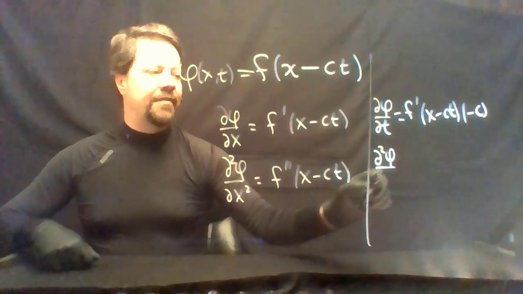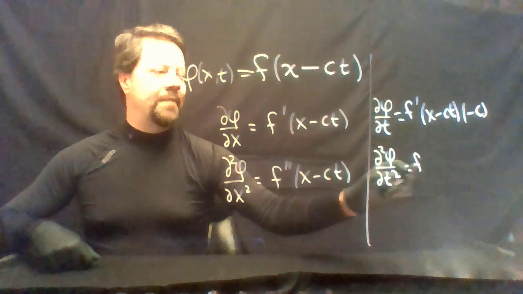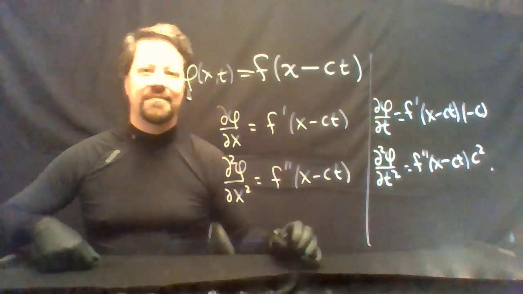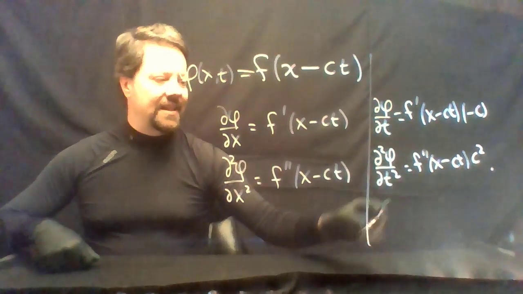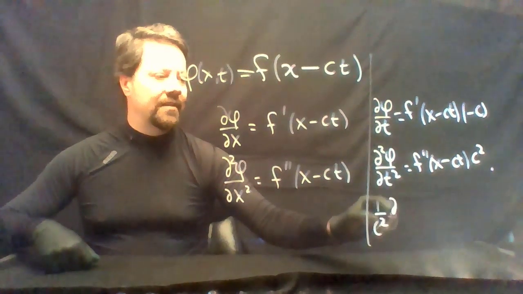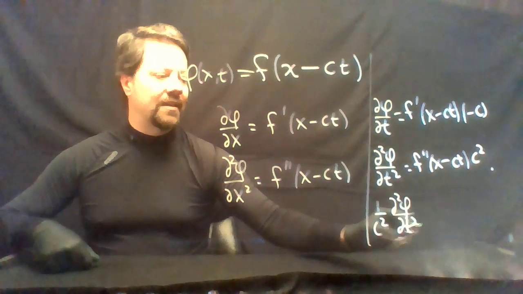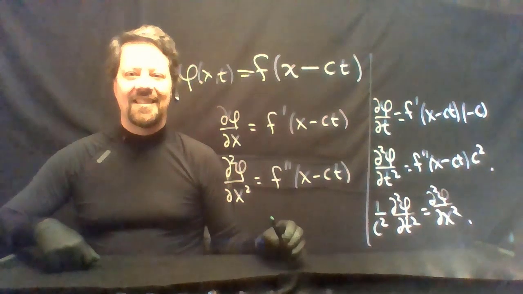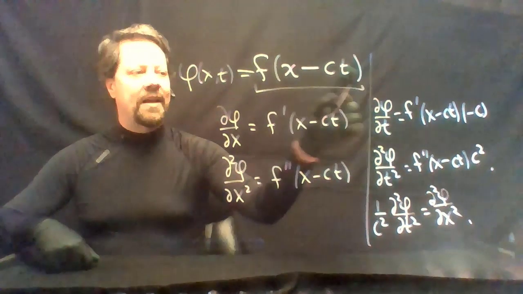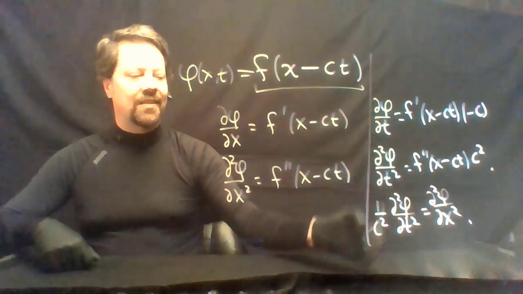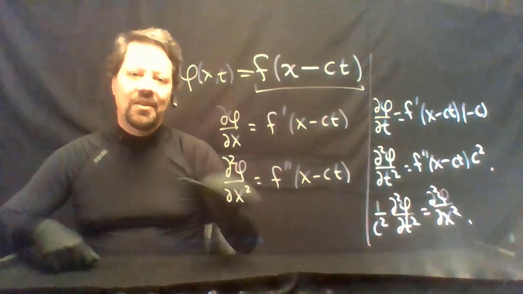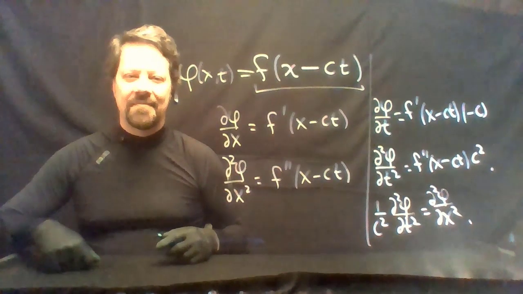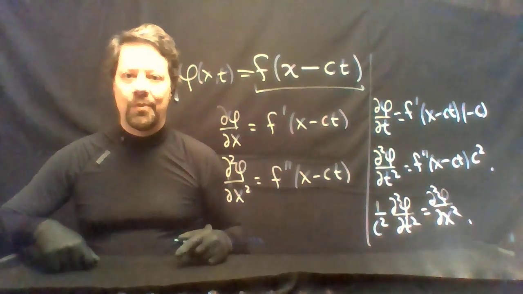The second order derivative of phi with respect to t then will be f prime prime at x minus ct times c squared. Dividing by c squared, you can see that 1 over c squared d squared phi dt squared is equal to d squared phi dx squared. That means any waveform at all, as long as it's a second order differentiable function f, can satisfy the wave equation by simple translation. c will be the speed of the wave.